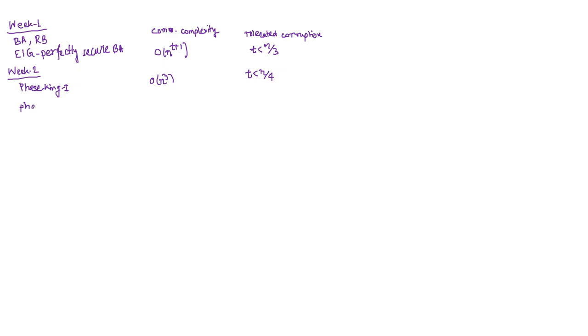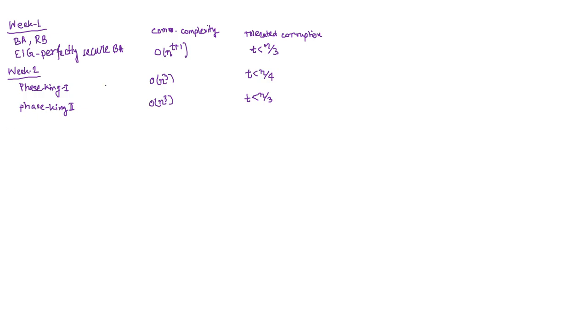And then we saw another protocol called Phase-King 2 protocol. There again the communication complexity was of the same order, but the corruption threshold again got improved to t less than n by 3.